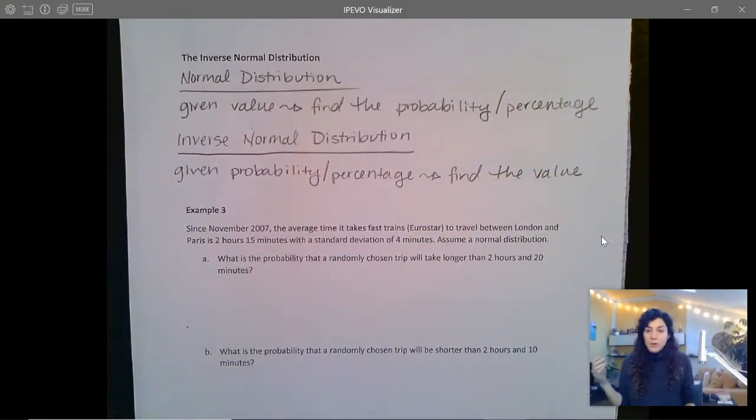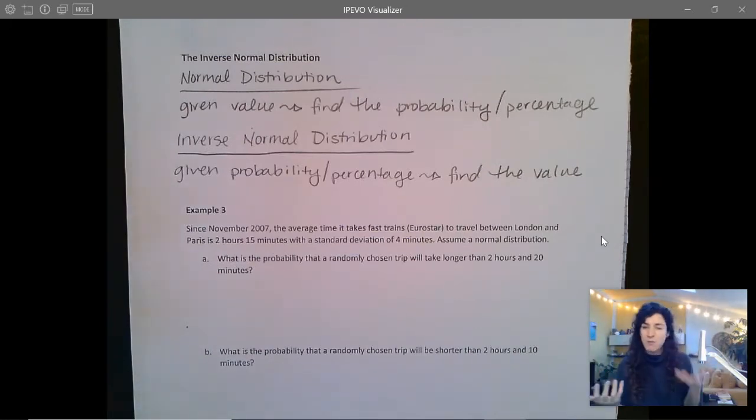The reason why we would ask these types of questions is, given a normally distributed situation where the mean is this and the standard deviation is this, what is the top 10%? What is the bottom 10%? If we know that above a certain number is classified as oversized, or maybe a certain number is classified as a gifted and talented student, right?